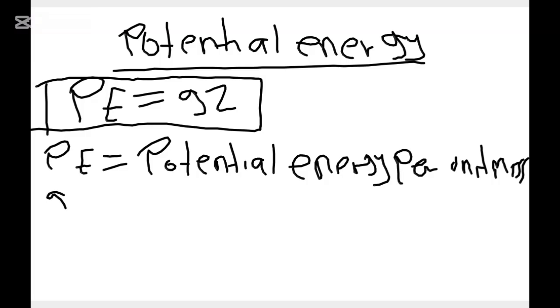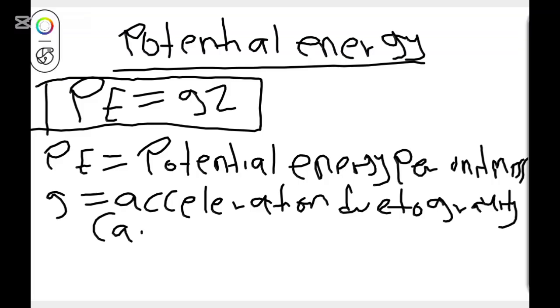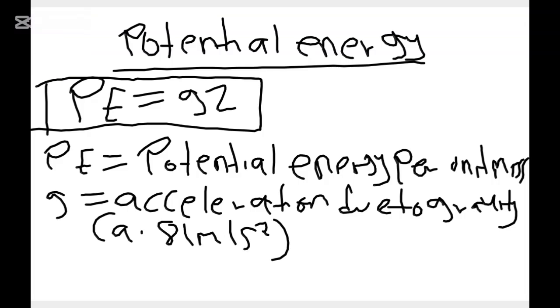And the g stands for the acceleration due to gravity, as you all know, which is 9.81 meter per second squared.